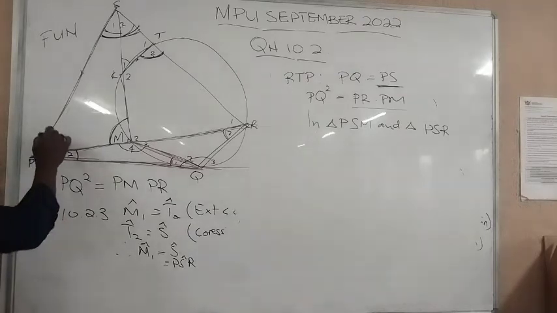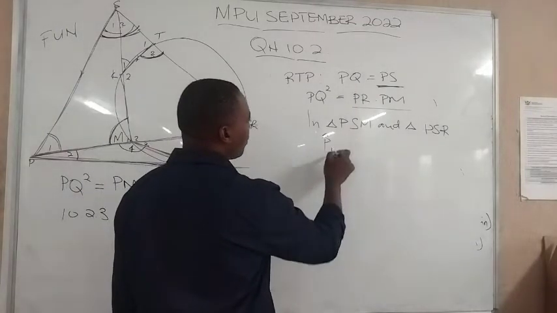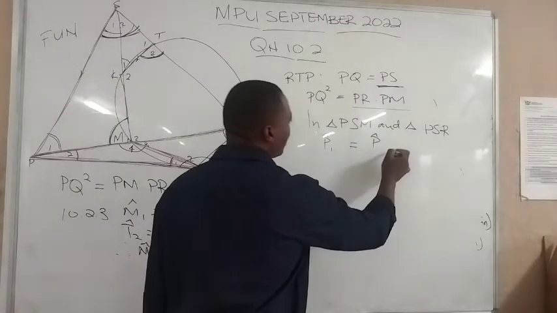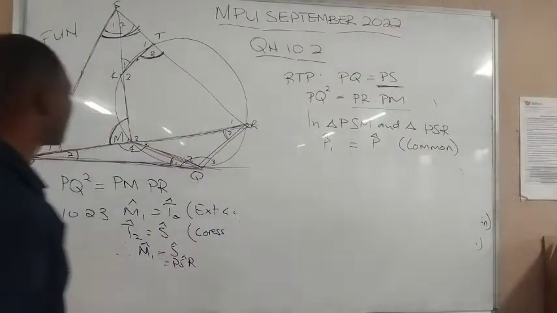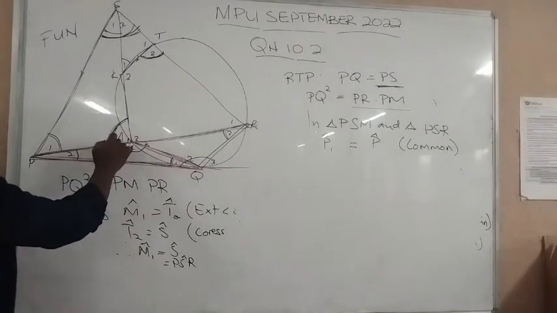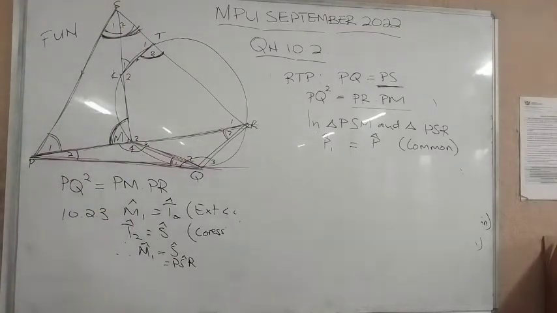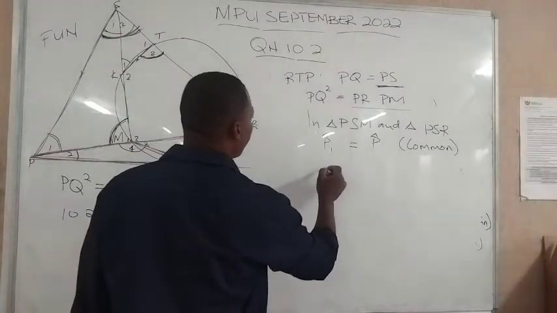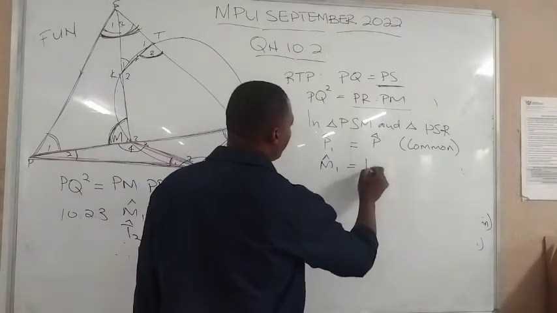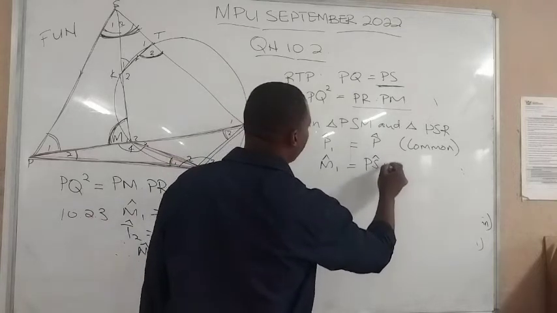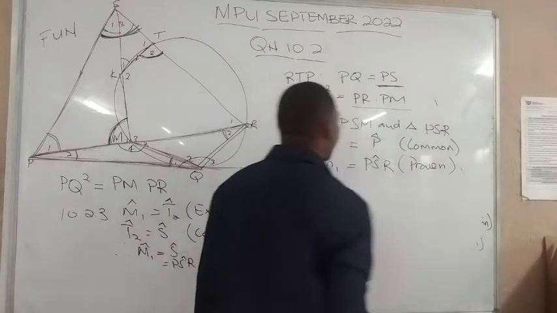So what is it that we can identify in these two triangles? The first thing is that the two triangles are sharing angle P1. So we are saying angle P1 is equal to angle P1, which is common. We have also proved that angle M1 is the same as angle PSR. So we are saying angle M1 is equal to angle PSR. And this has been proved, so you can write proven.